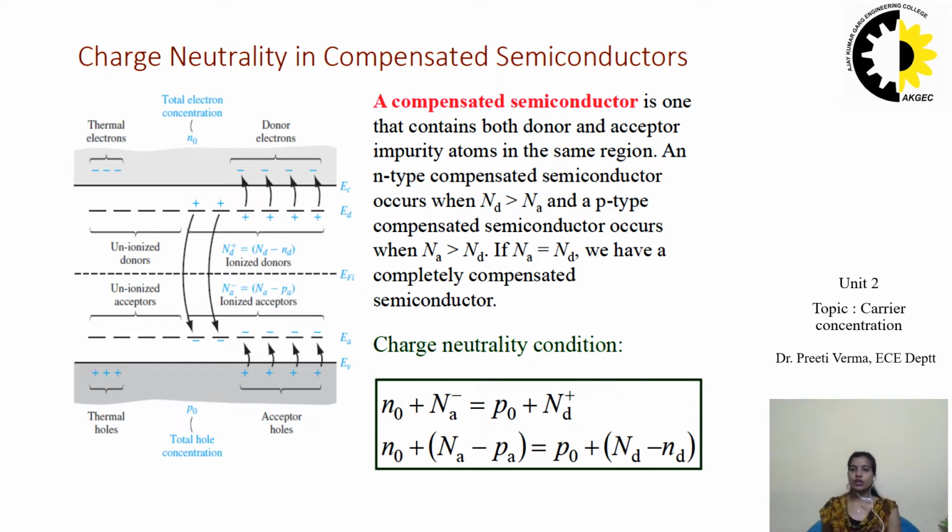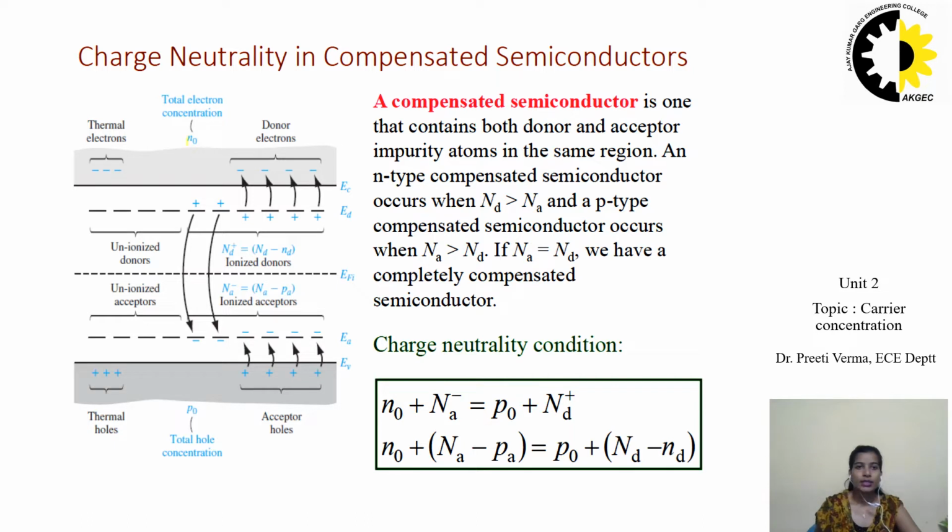So the charge neutrality condition says that the sum of n naught and Na negative is equal to p naught plus Nd positive, that is, n naught plus Na minus Pa is equal to p naught plus Nd minus small nd.